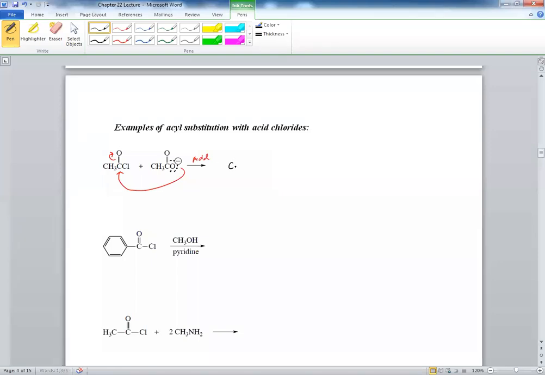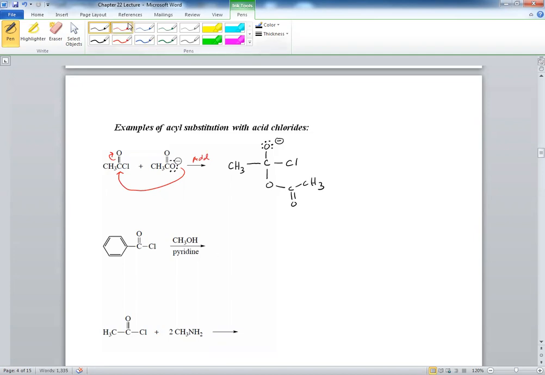And what we have now is CH3, Cl, O minus. We still have the Cl. And now look what's added. This whole nucleophile has been added. This one is that right here.